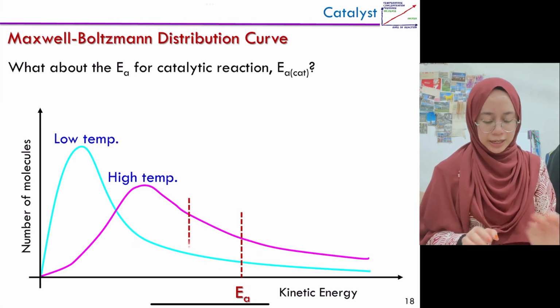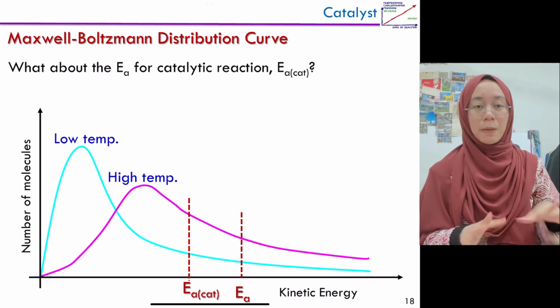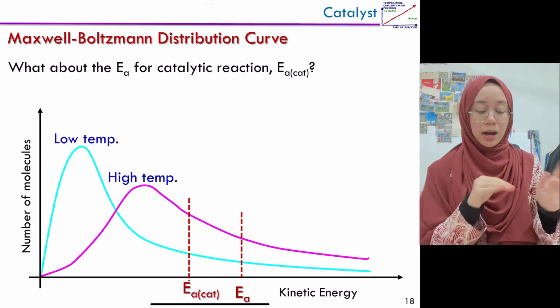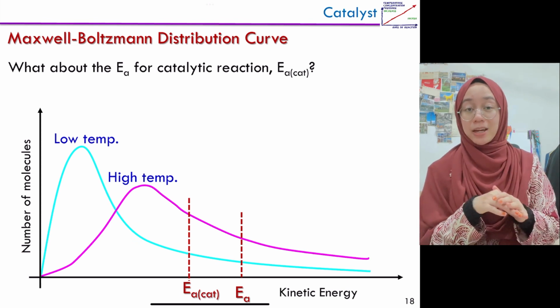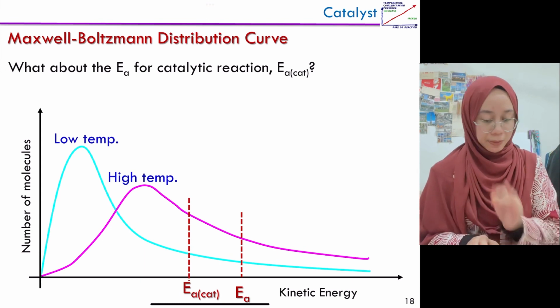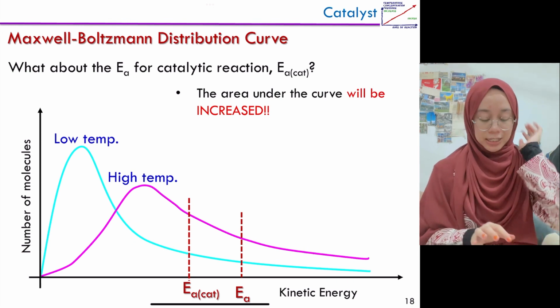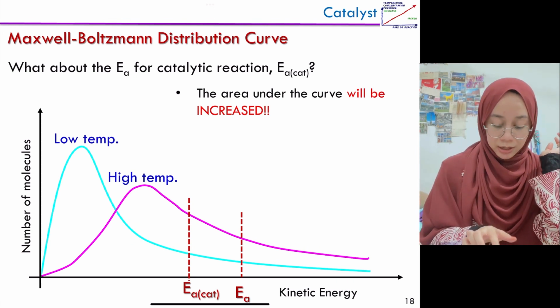But this is actually not very important for you to know. This is just to show you what happens in the Maxwell-Boltzmann distribution curve when we show the EA with catalyst. But as you can see, the area under the curve will be increased.